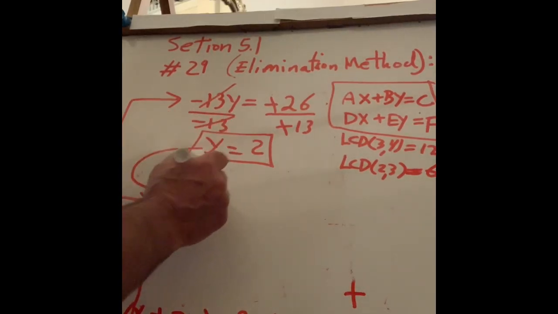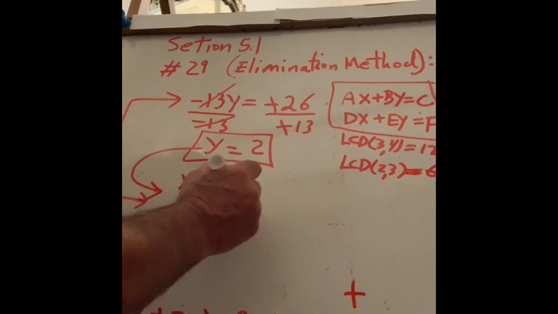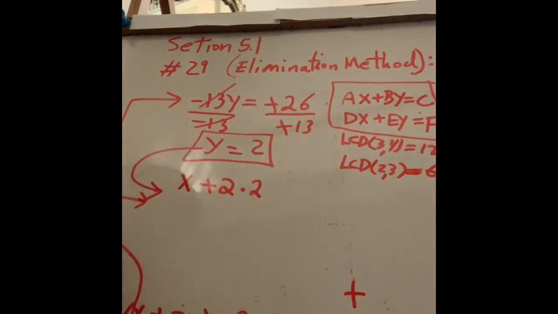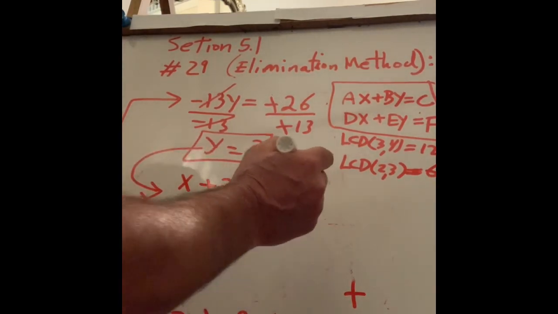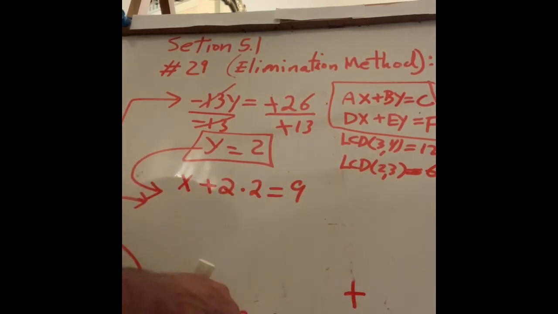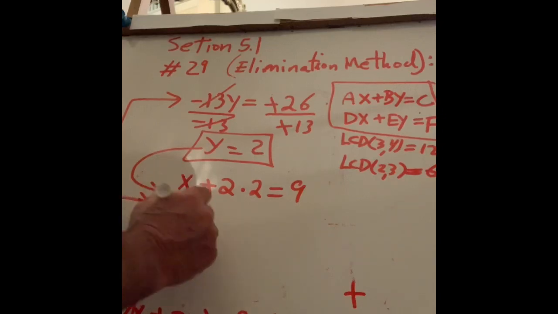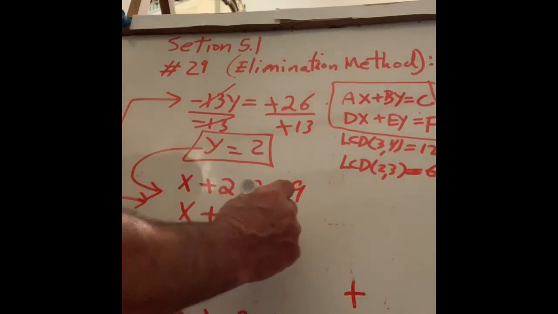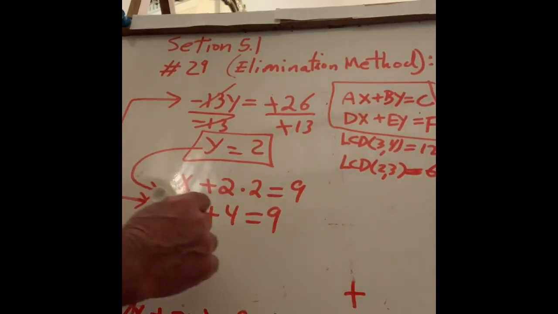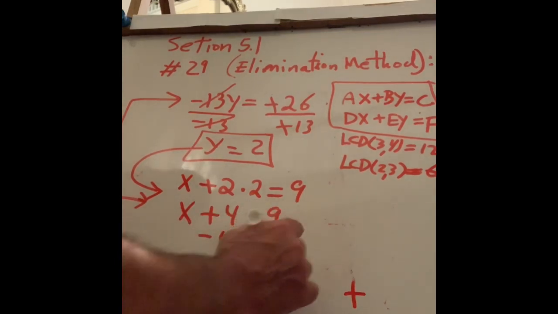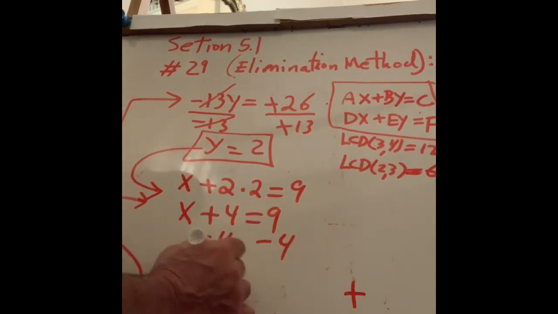So that becomes x plus 2 times y, which of course is going to be replaced by 2, equals 9. Don't forget that was before we multiplied both sides by negative 8. 2 times 2 is 4, so that becomes x plus 4 equals 9. And to isolate x, we'll subtract 4 from both sides. And so x becomes 5.